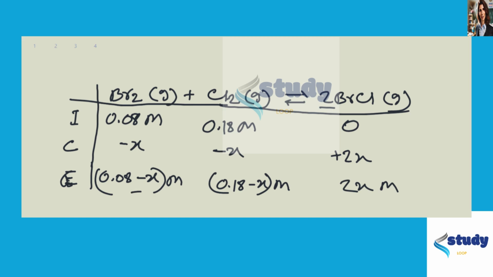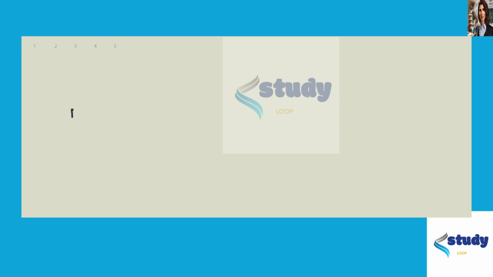Now we know the equilibrium concentration for each one, and we know the value of Kc. So we can set up an expression for the equilibrium constant in terms of molarity. The Kc for this reaction will be the product concentration over the reactant concentration.